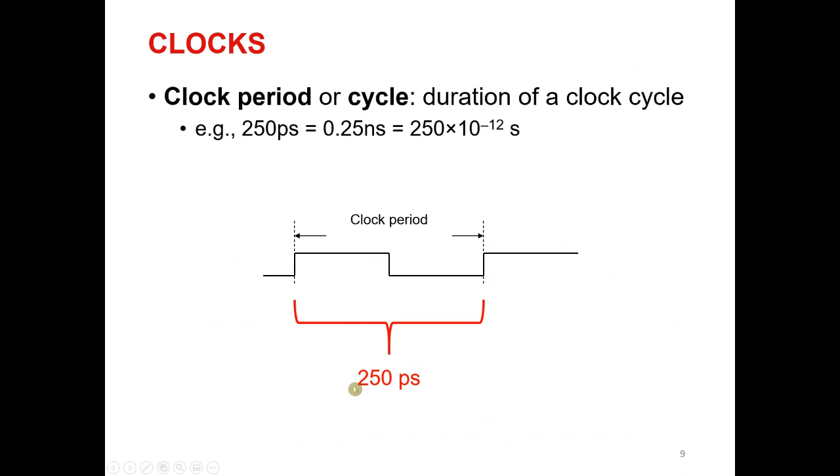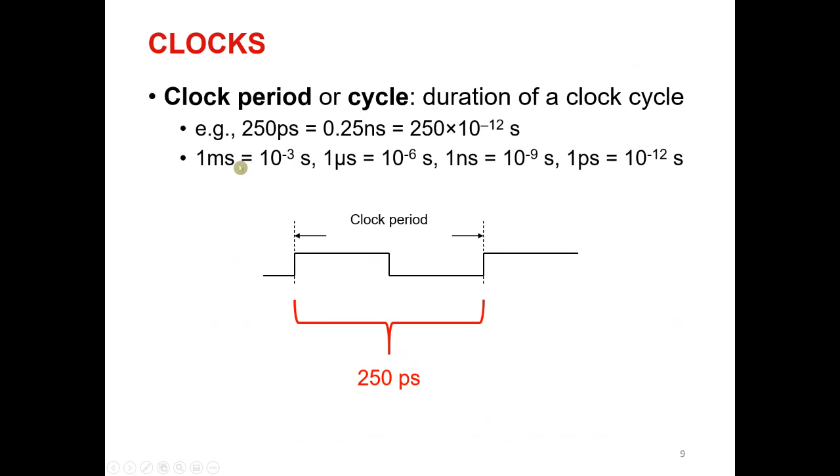Or in this case, to have a more realistic measure, each clock cycle takes 250 picoseconds. I have put here a table with the conversion from millisecond, microsecond, nanosecond, and picosecond. Usually the clock period is measured in picoseconds, but you can assume that the period is the duration of a clock cycle in seconds.